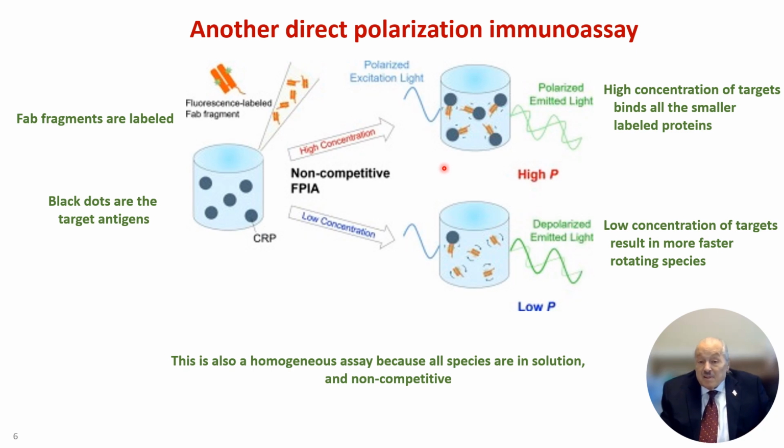And since most of these fragments are now bound to some bigger molecule, that makes them all rotate more slowly, and you get a higher polarization. In terms of terminology, this is also called a homogeneous assay because all of the species are in solution, and it's also non-competitive because when it's competitive, we would have two different molecules fighting for the same type of antibody.